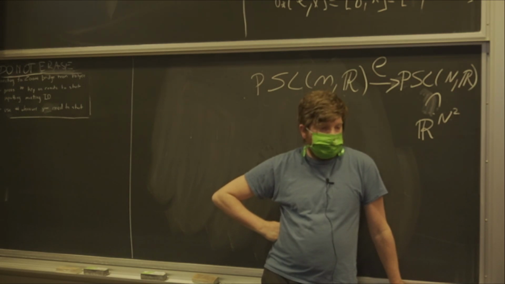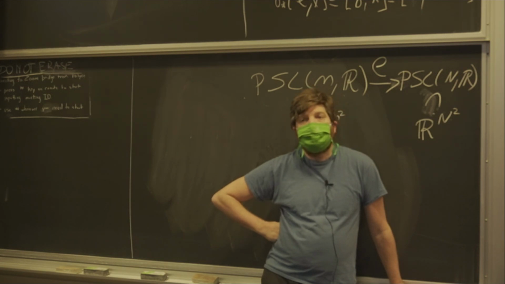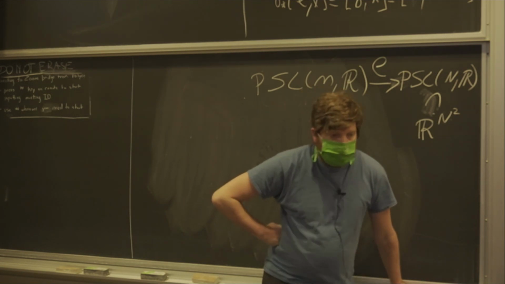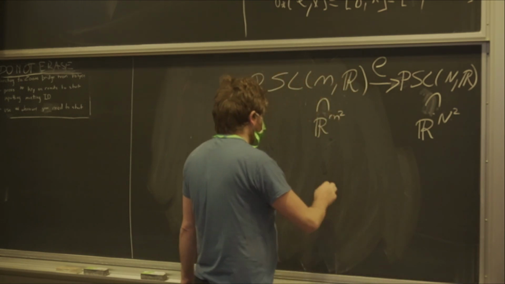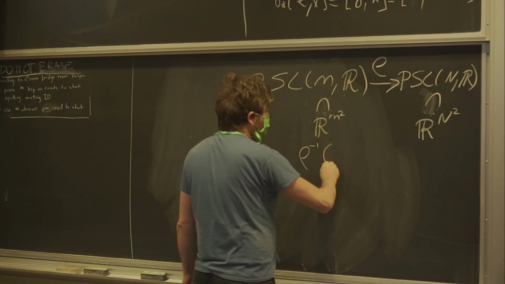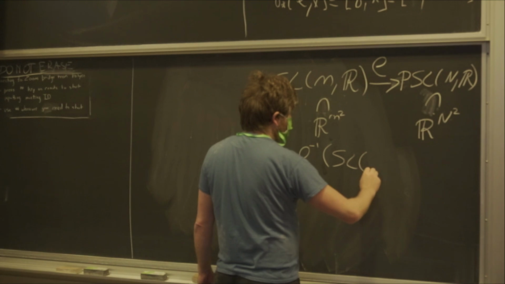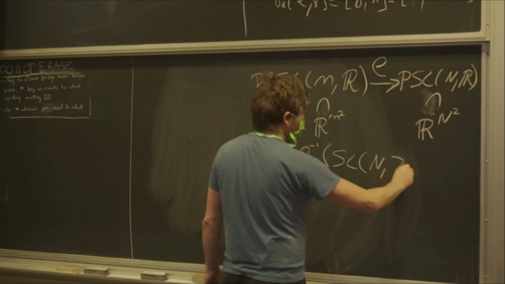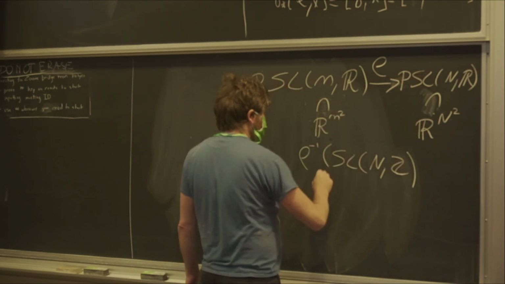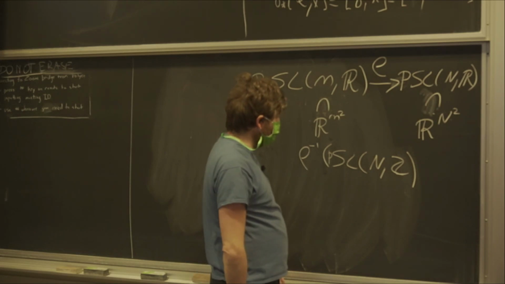So I want the coefficients of this representation to be rational numbers. And once I have this, then I can pull back SL_N(Z), or PSL_N(Z) if you want, from there.